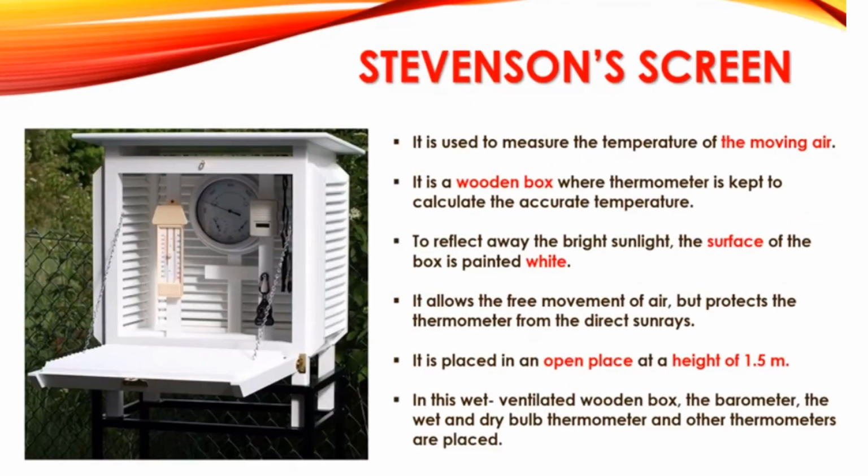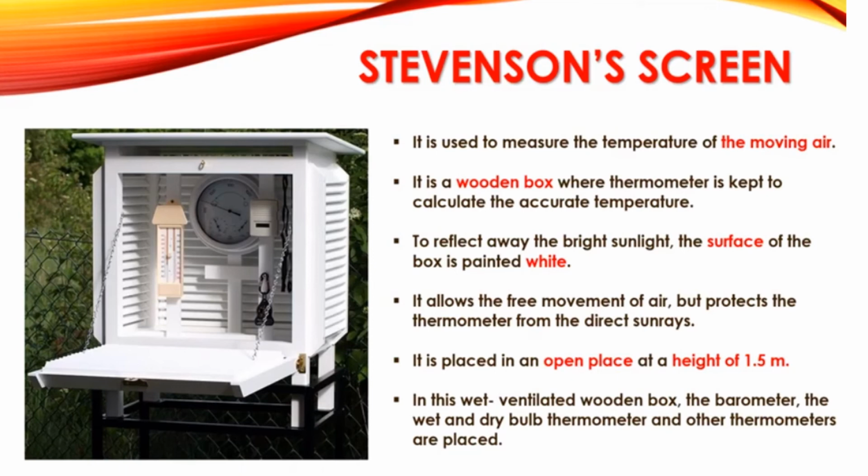This is the Stevenson screen, and what is the purpose of using it? It is used to measure the temperature of the moving air. It is a wooden box where a thermometer is kept to measure the accurate temperature. To reflect away the bright sunlight, the surface of the box is painted white.